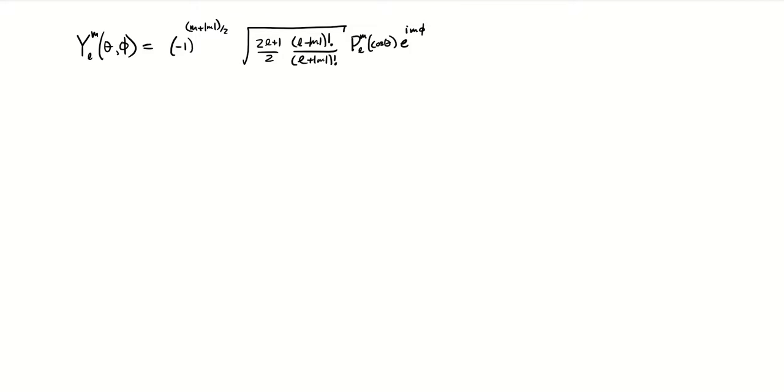They essentially were the angular solutions to our hydrogen atom, and we looked at how they're the eigenfunctions of our L squared, our angular momentum squared operator, with eigenvalues l(l+1)ħ², as well as the Lz operator with eigenvalues of just whatever that m is.